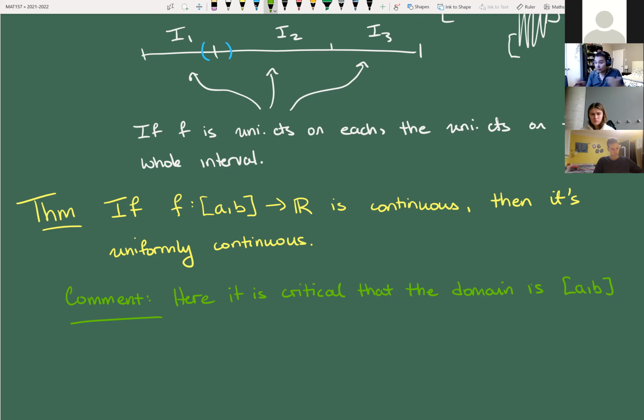So you notice I didn't write it as a general set D. I didn't say it was an interval I. I'm saying it is closed and it is bounded, okay? It is a closed interval and it doesn't shoot off to infinity. It is both closed and bounded.